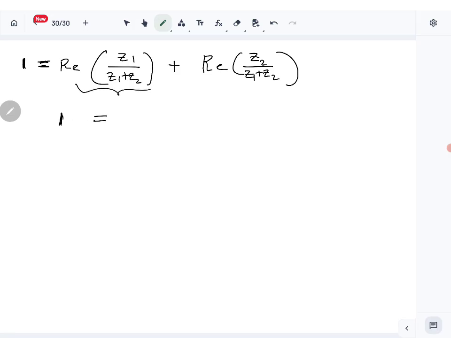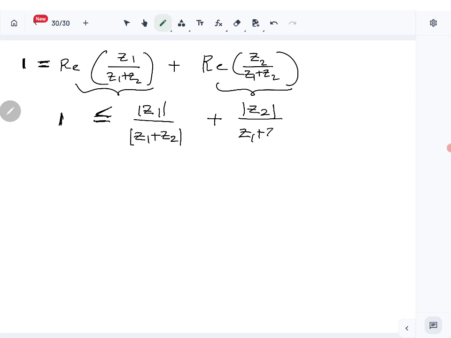This part is going to be what? Less than or equal to modulus Z1 over modulus Z1 plus Z2, and this one again less than or equal to modulus Z2 over modulus Z1 plus Z2, right? So then just multiply out the modulus of Z1 plus Z2.